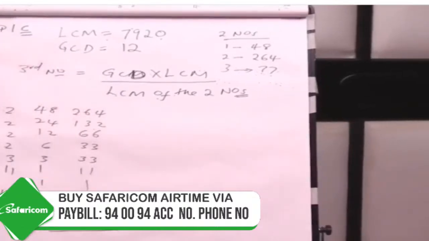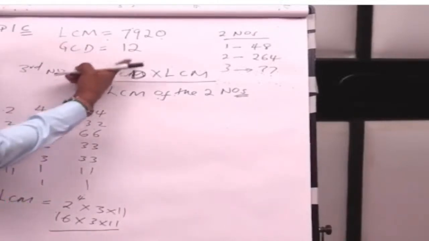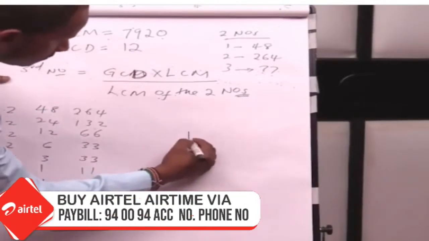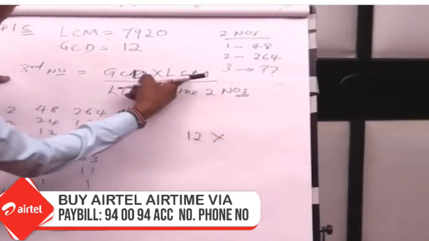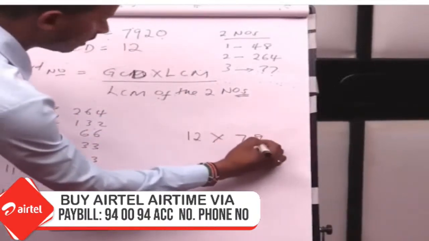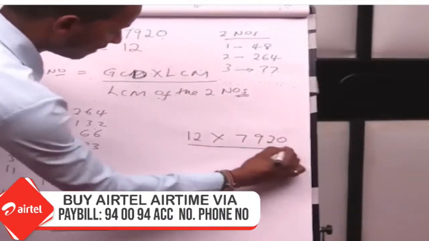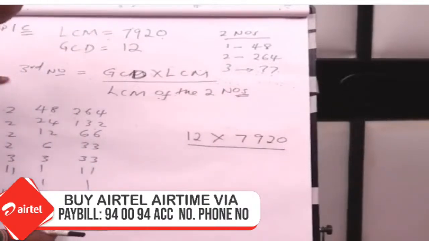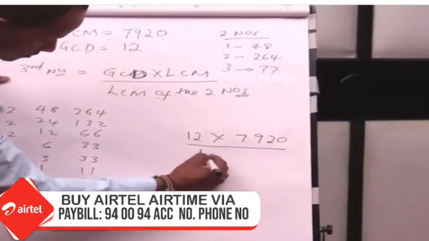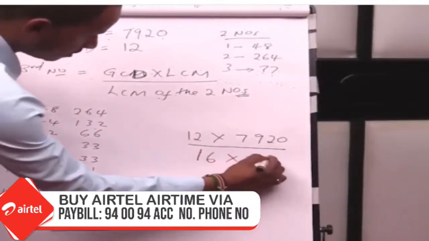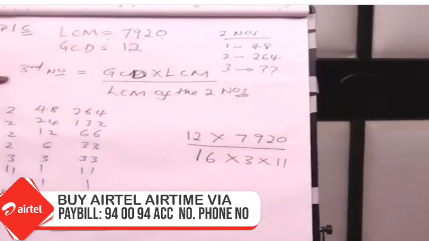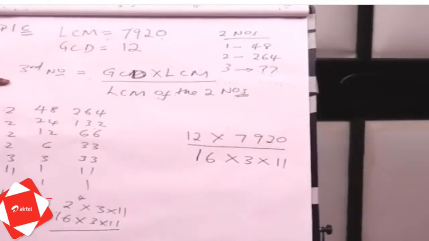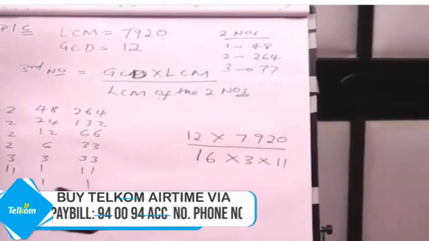So once you get this, come back here. Our GCD is 12 times our LCM, 7,920, divided by our LCM of the two numbers, which is 16 times 3 times 11. So let's divide.